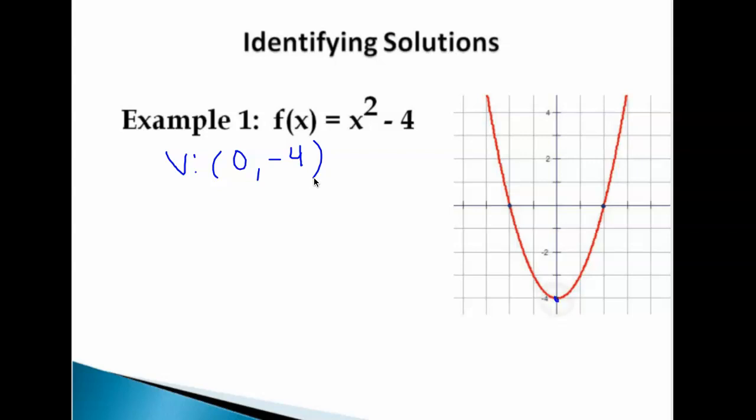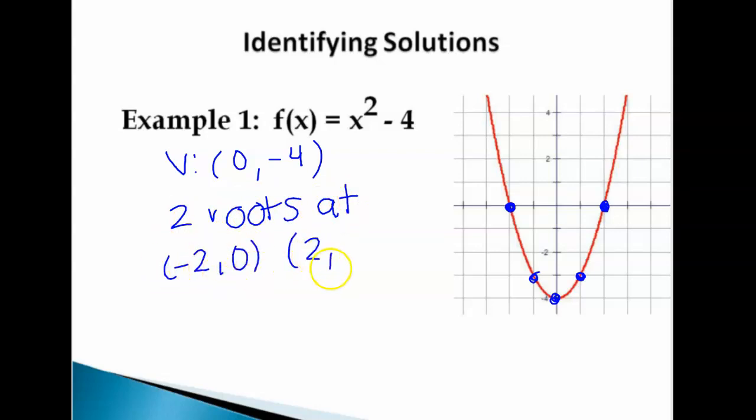So you would have negative 4, 0, negative 1, negative 3, and then that would give you 2, 0, and negative 2, 0. So this has how many solutions? 2. Where are they at? Negative 2, 0, and 2, 0.